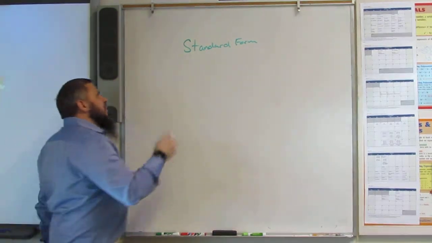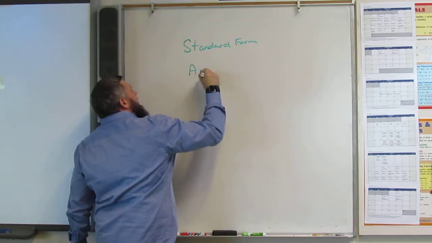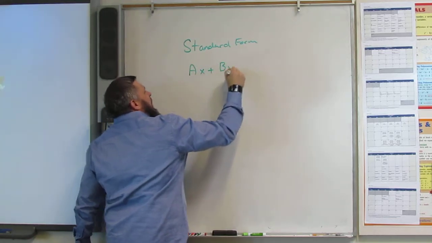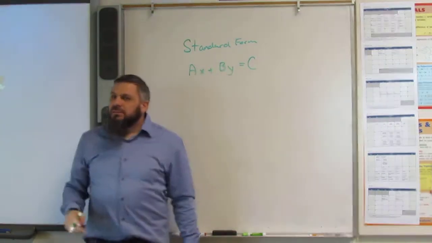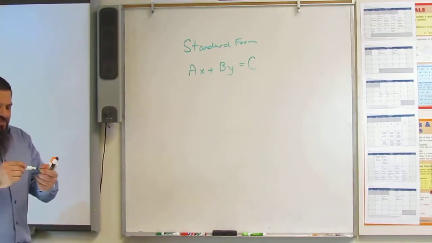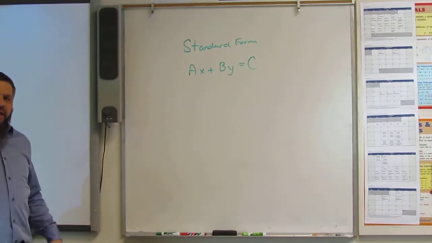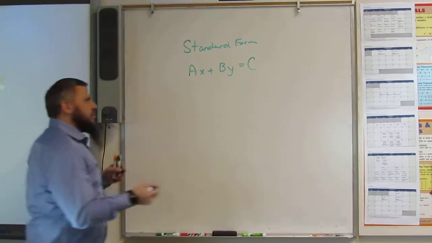Right, Tony? Standard form, Ax plus By equals C. Okay? Now, the A has to be positive.